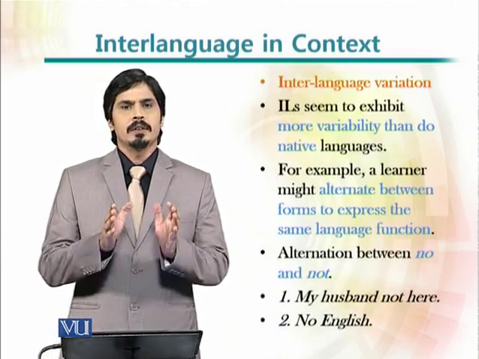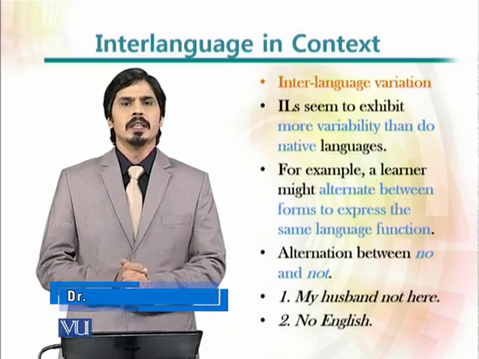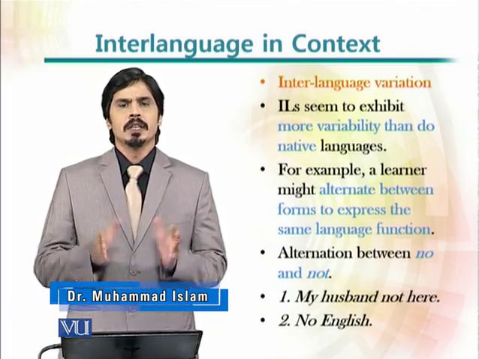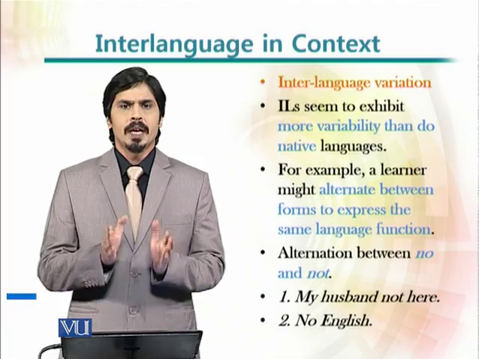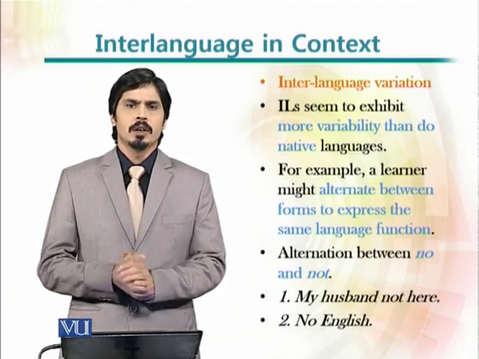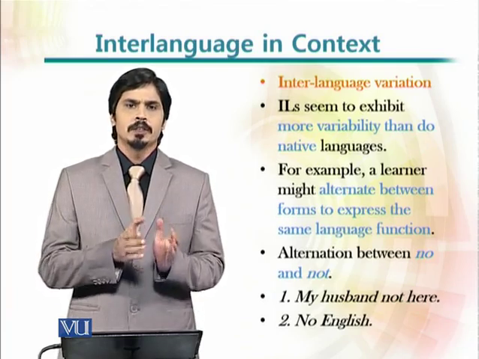This variation in language learning is also obvious in interlanguages. For example, we could see that people during the course of their language learning might use the same form for various functions, or the same function may be performed by various forms.